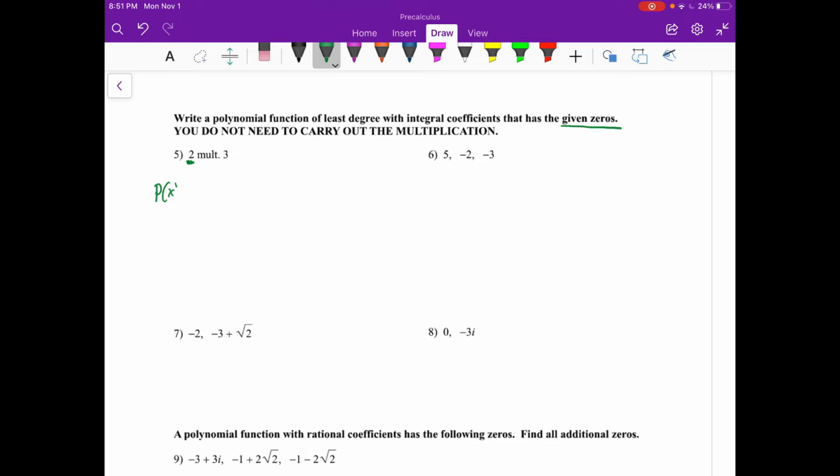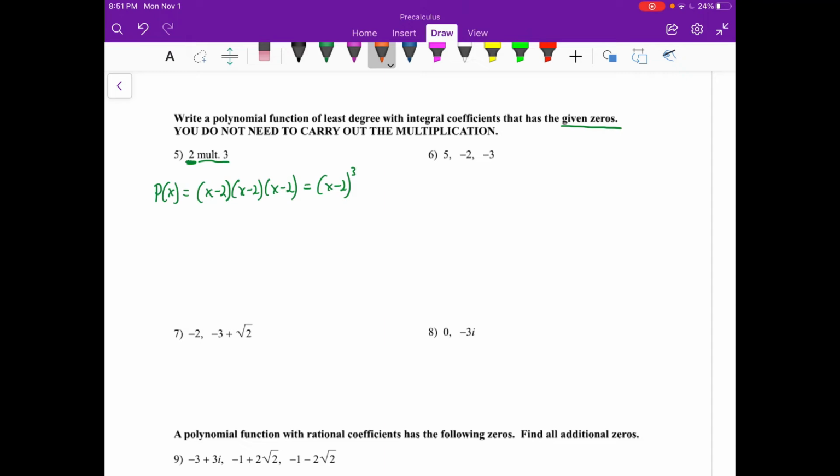Let's call it p of x. If 2 is a 0, that means x minus 2 is a factor. The multiplicity 3 tells us that it's going to be a factor 3 times. So you can put x minus 2 three times, but it's better just to write x minus 2 to the third.